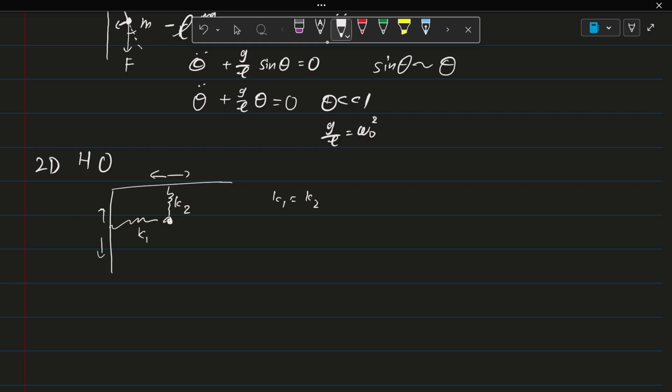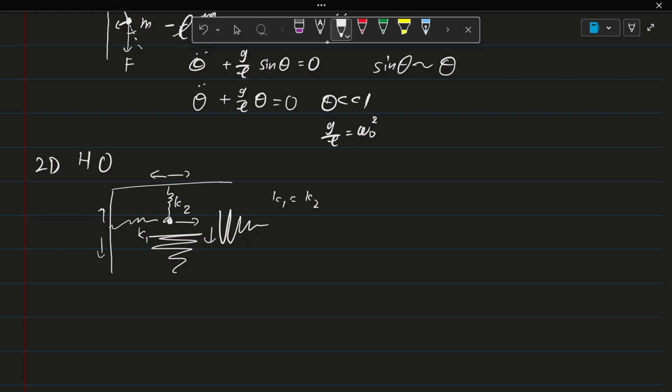And so if you observe the movement, if you displace it further in this direction, it will oscillate something like this. And if you displace it in this direction, it will oscillate something like this. And so the question is, what's the exact equation of motion for this particular object? It's solvable.